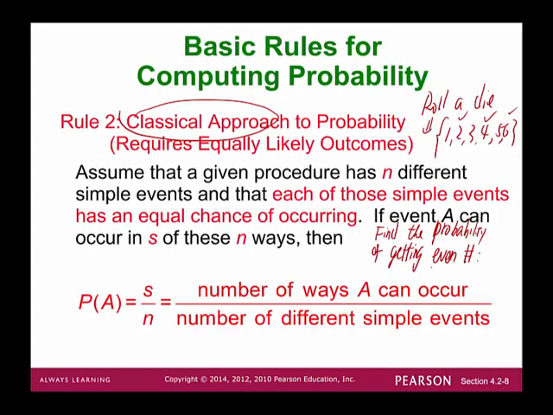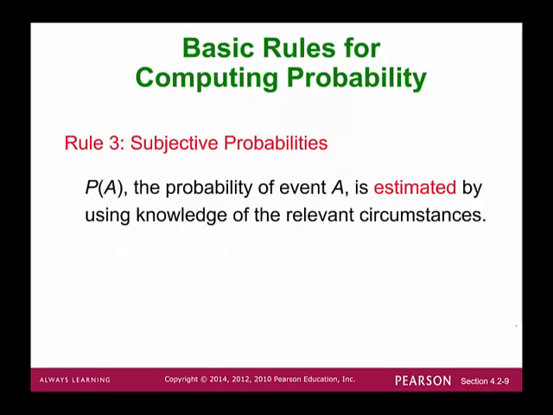So the probability of an even number should be 3 over 6. 3 outcomes out of 6 outcomes. And that turns out to be a half, or you can also write it as 0.5. Here, an even number could occur as 2, 4, 6, and we have 3 different ways to get an even number over the total sample space. Sample space is 6 possible numbers.